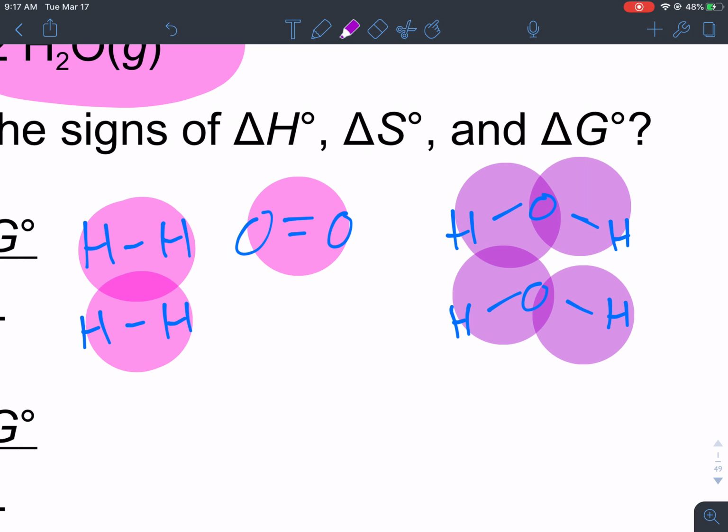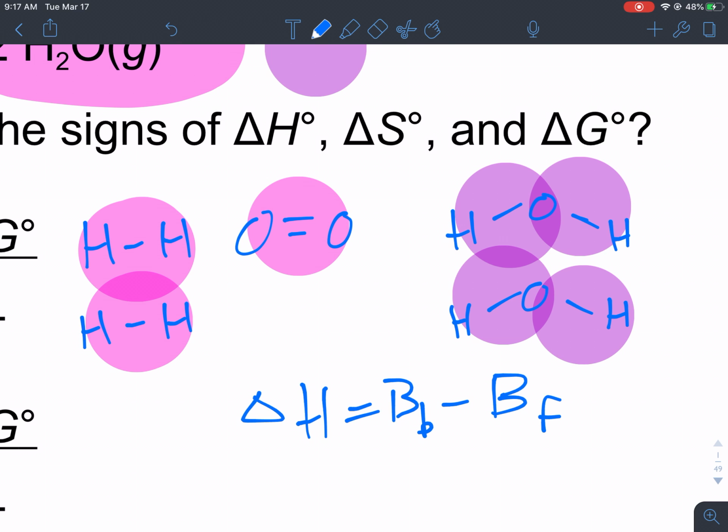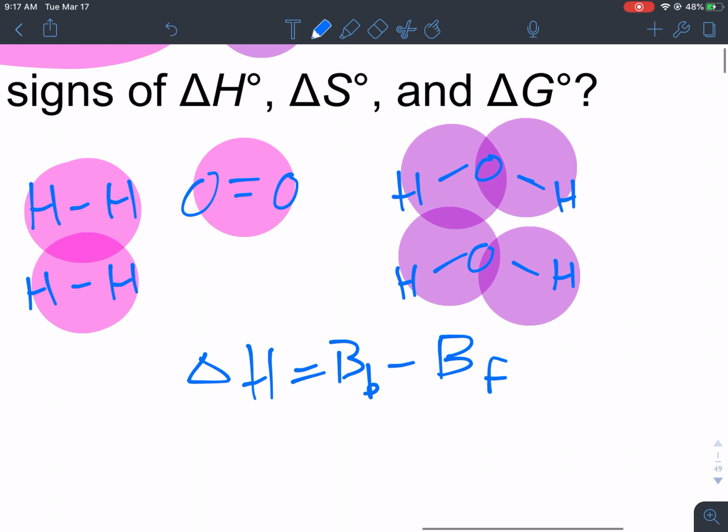I don't know what those values are, but you remember delta H is calculated using bonds broken minus bonds formed. Without knowing these values, there are 3 bonds being broken to 4 bonds being formed, which is the best that I could give you right now. I don't know how else you would be able to do this question.